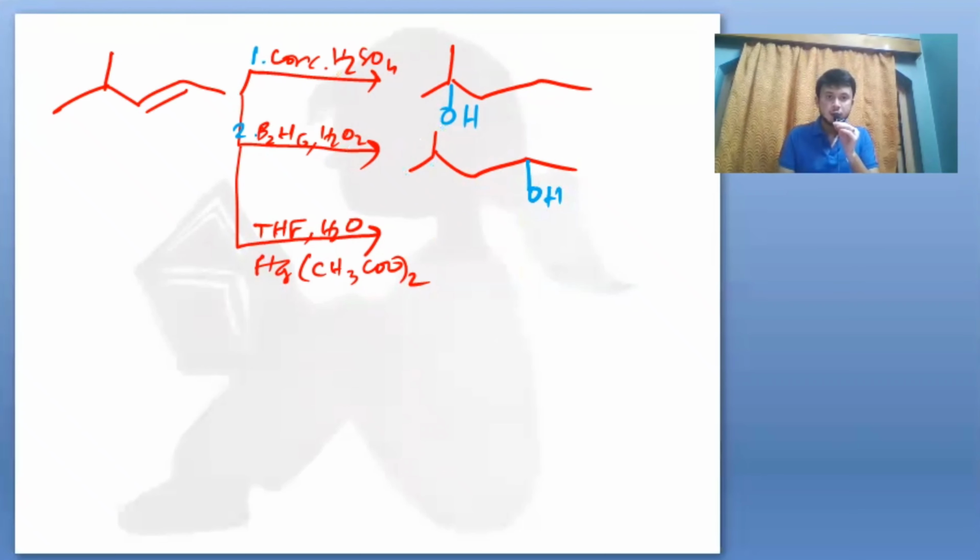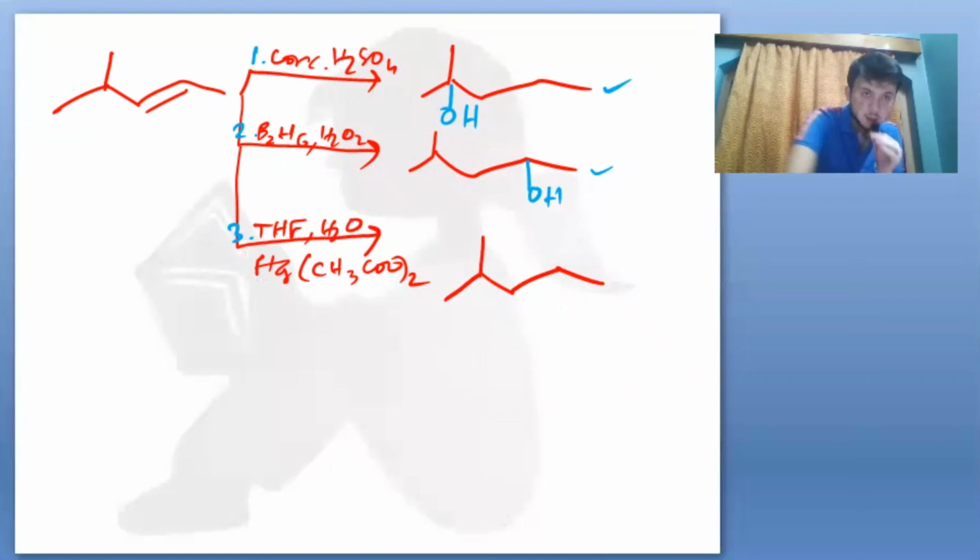But in the next case, this has gone Markovnikov, this has gone anti-Markovnikov, but what will happen in the third case? In the third case, if we just draw the simplest carbocation that came, that is this one without hydrogen shifting, the OH will go and add to the carbocation where it is first formed.